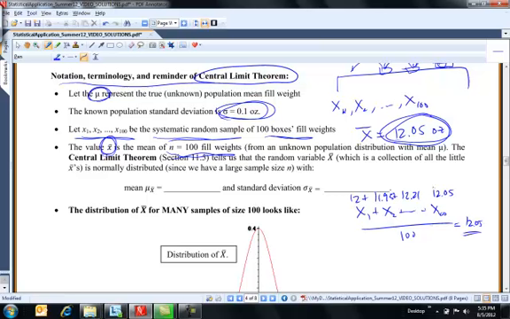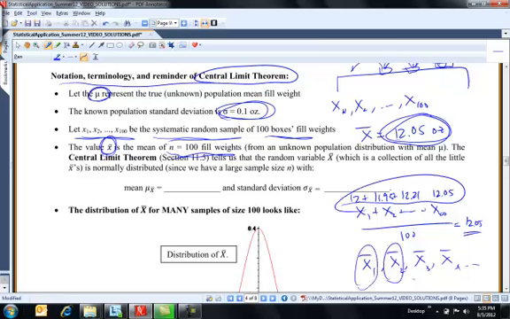Now, if I did this for lots of samples of 100, I'd get lots of little x bars: x bar 1, x bar 2, x bar 3, x bar 4. If all day long you kept taking random samples of 100 and getting their average, all the x bars would be different from each other. But they would still have a distribution, and that's what we talked about in the central limit theorem.